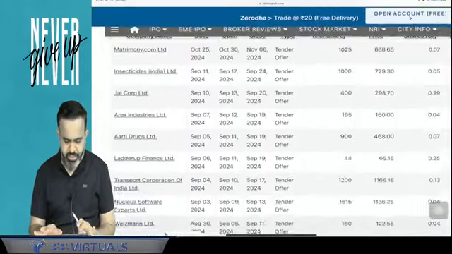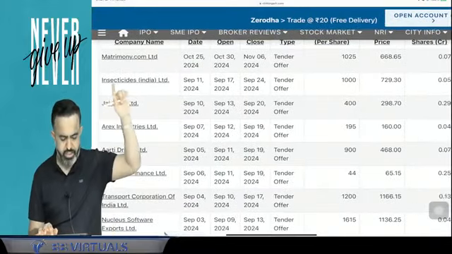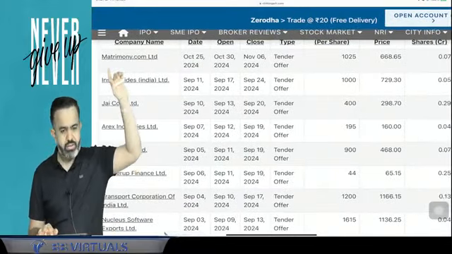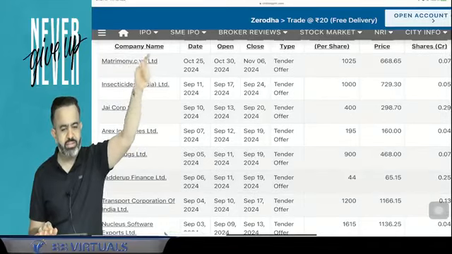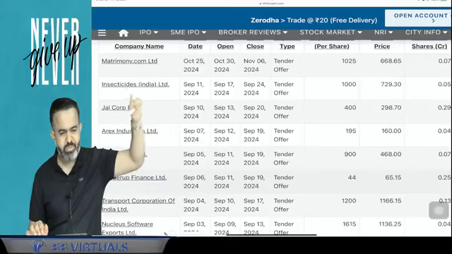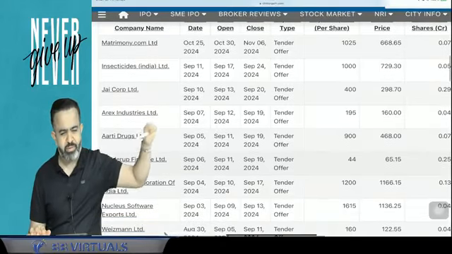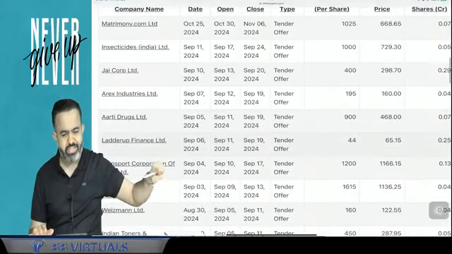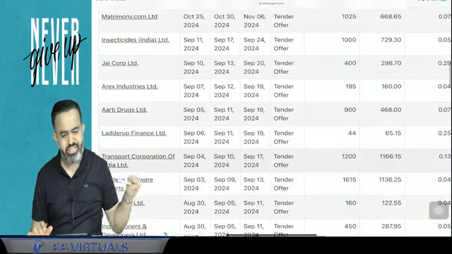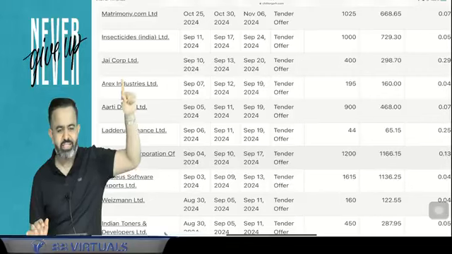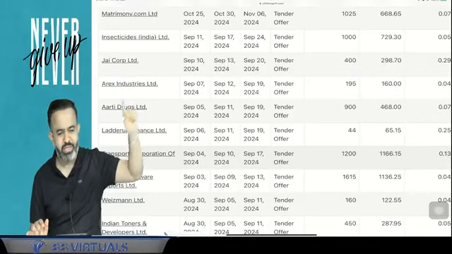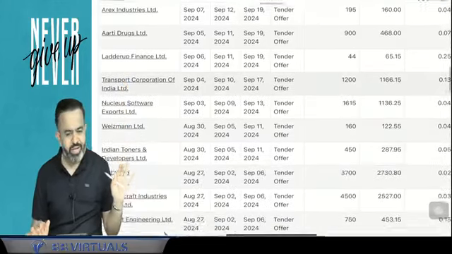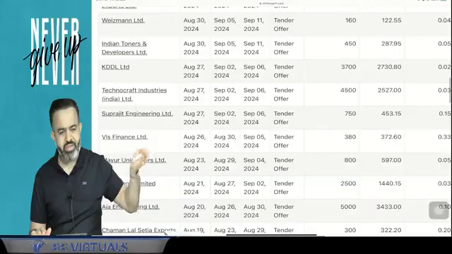This one buyback is directly of Matrimony Company Limited, that is on October 25. But see in September: September 11, 10, 7, 5, 6, 4, 3. So in September, for listed companies there are 7 buybacks. In August, there are lots of buybacks.